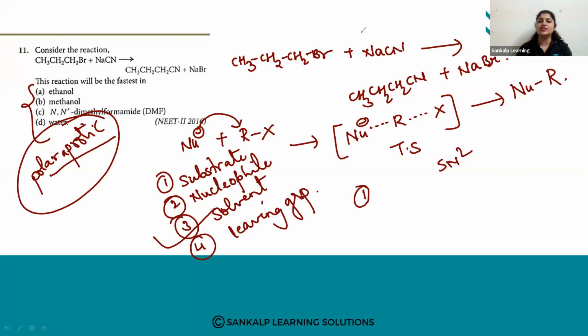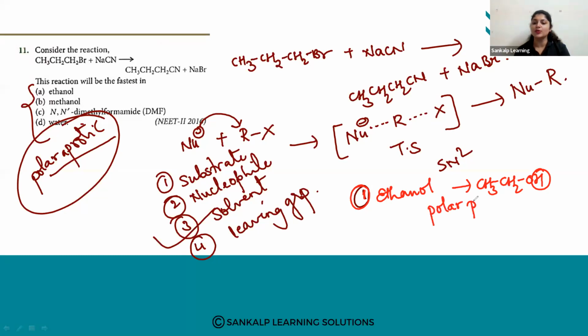If we consider the first one, ethanol, what is the structure? It is CH3CH2OH. Hydrogen is present and will participate, so this is a polar protic solvent, and the SN2 mechanism is not possible.